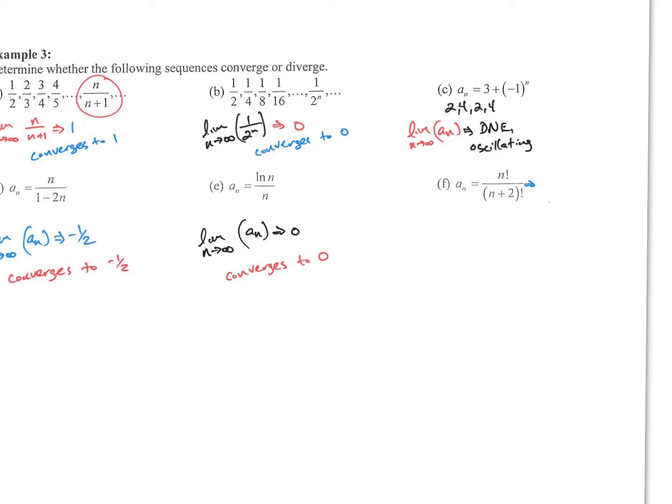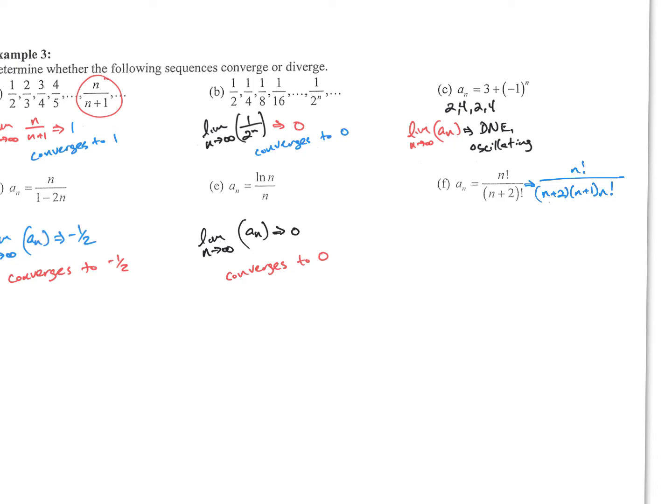You're subtracting 1 each time, remember? So this is n plus 2 times n plus 1 times what would be my next term? n. Now, I personally would say n factorial because we could keep going on forever and ever, right?